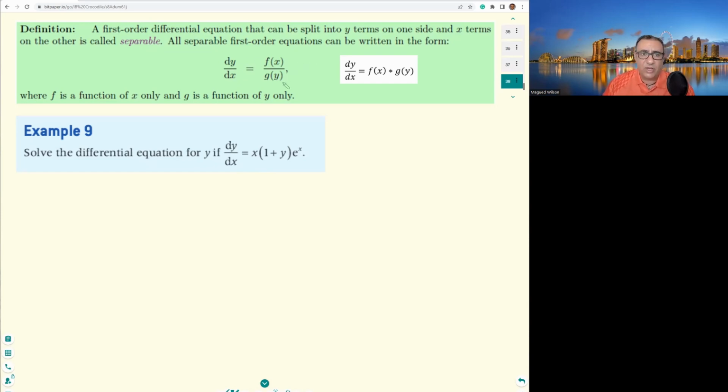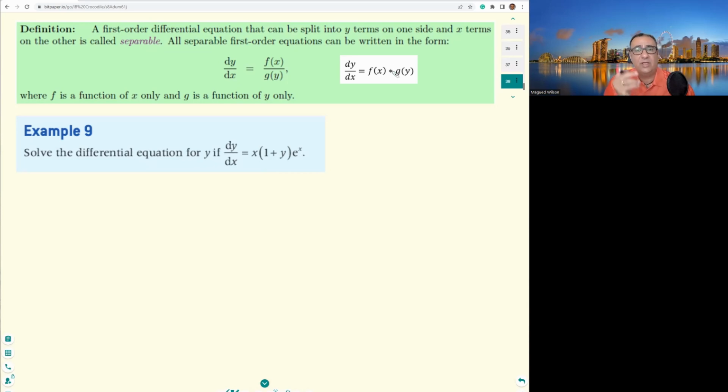If you can rewrite that specific differential equation in one of these 2 forms, if you can rewrite dy by dx as a division, f of x, a certain function in x, divided by g of y, another function of y, this is separable. Or if you could write it as a multiplication. Otherwise, it is not separable.